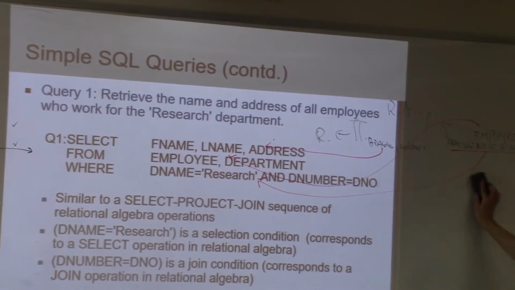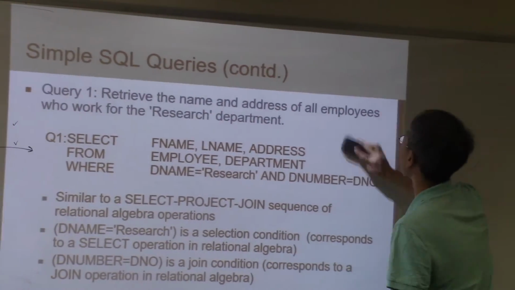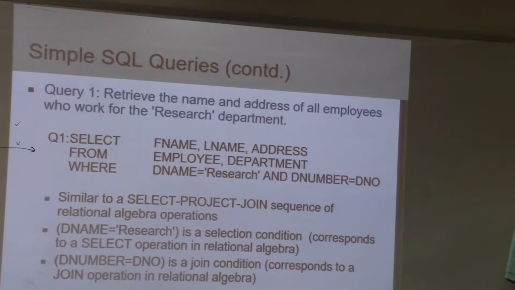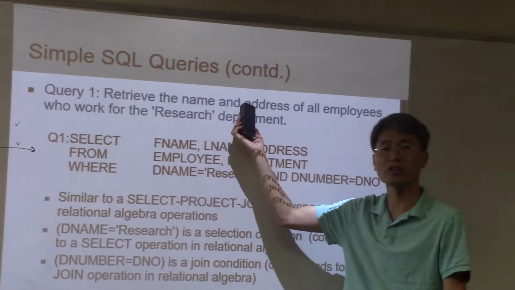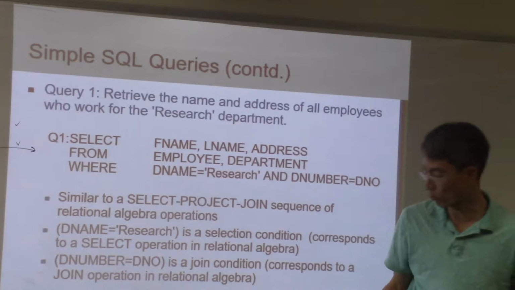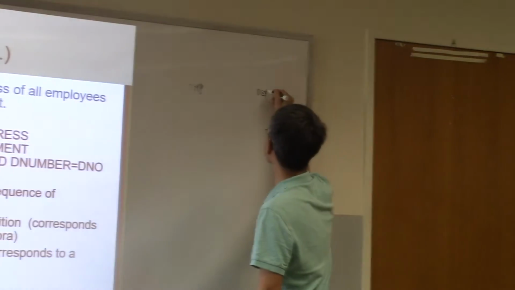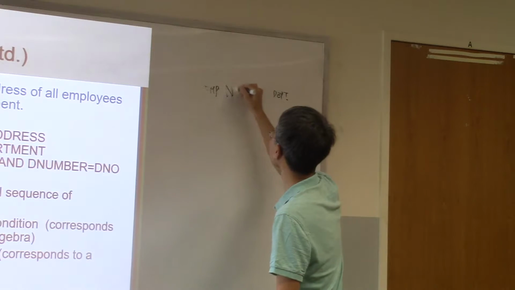Next, retrieve the name and address of all employees who work for the research department. We already did this relational algebra expression. There are different ways. You make the employee and department join. You can join two tables.